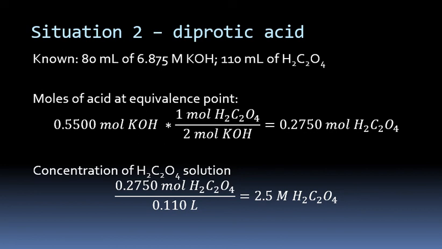That would essentially be how to determine concentrations of acids or bases by neutralizing them through a titration. And this was an example of a diprotic acid where the acid to base ratio was not 1:1.